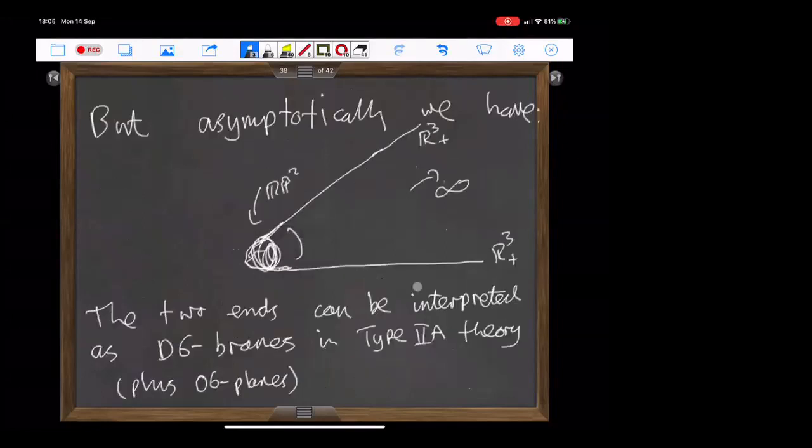But if you think about what's happening asymptotically, you have these two ends, two copies of R3. In the case where you have a circle instead of R plus, one can interpret these two ends as D6 branes in type IIA theory, sitting on top of what are called O6 planes.